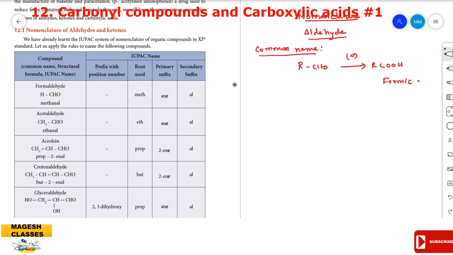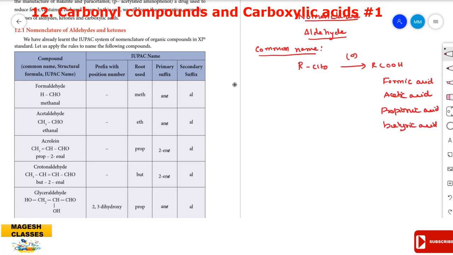The common name of an acid is obtained from the source from which it is derived. Formic acid is derived from formica, that is red ant. Then the second is acetic acid, propionic acid, butyric acid, and so on. So these are the common names of acids.